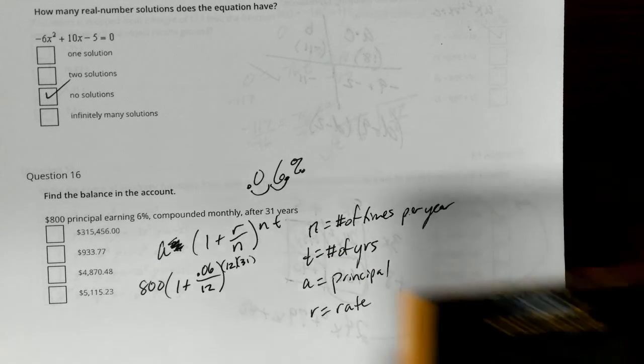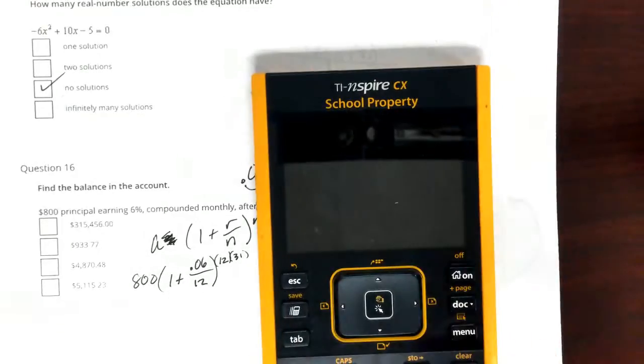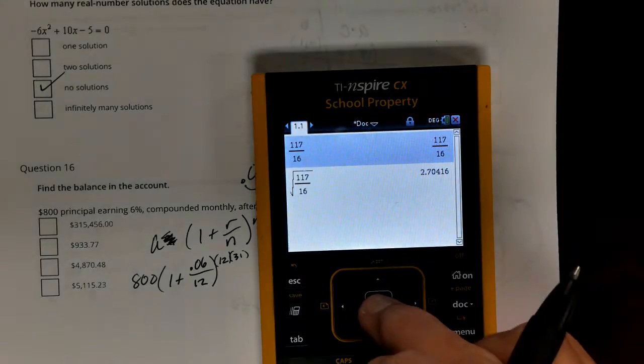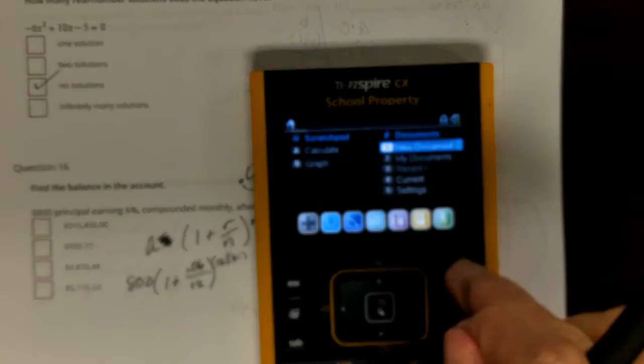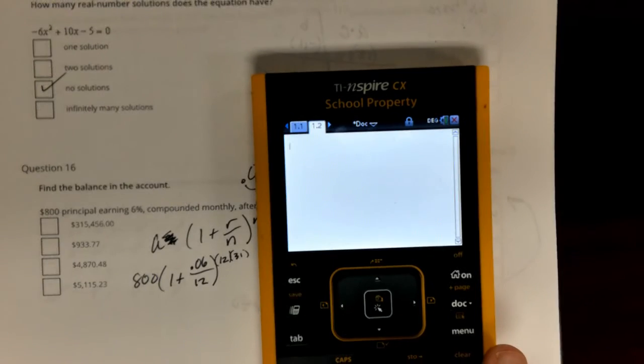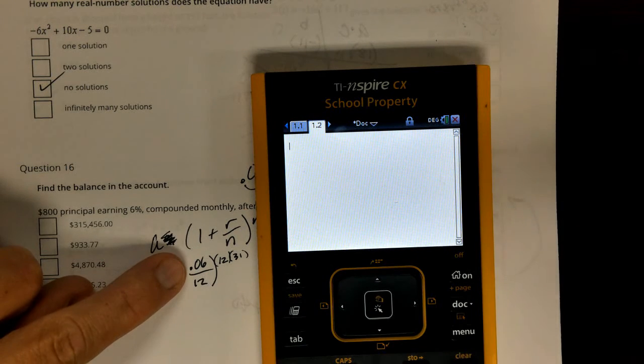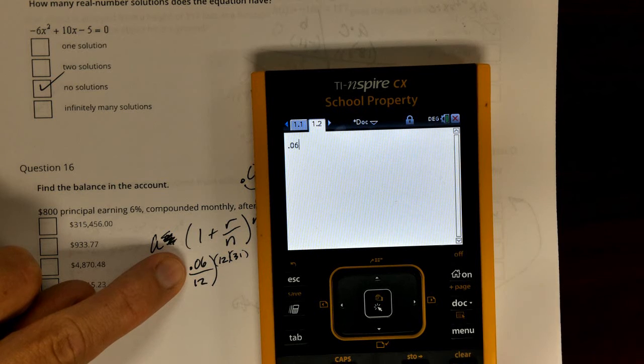Now, all I got to do is plug this in my calculator, right? Let's just do some math in our calculator. So let's open up a new document. Add to your calculator. Maybe it'll focus. There we go. Alright, so what I need to do is I need to do 0.06 divided by 12.